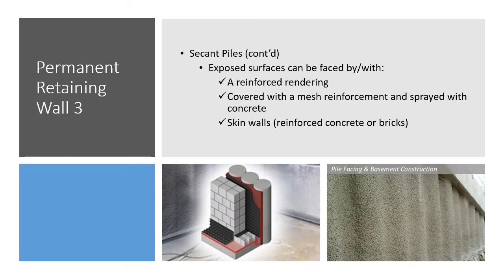Exposed surface of the secant pile can be faced with a reinforced rendering ataupun covered with mesh reinforcement and sprayed with concrete, which is shotcrete, or skin walls, whether it is a reinforced concrete wall ataupun brick wall. Pasanglah another wall dekat depan that secant pile. Sebenarnya CBP pun orang buat macam tu juga. Orang akan pakai this kind of cover untuk tutup the CBP juga.